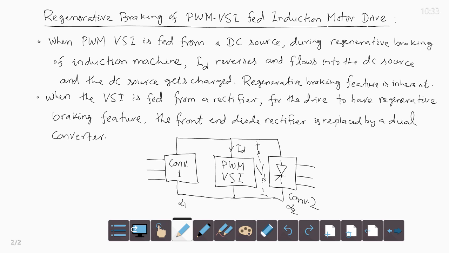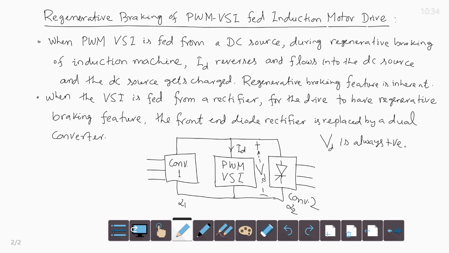The DC voltage Vd that is fed to the PWM VSI is always positive.